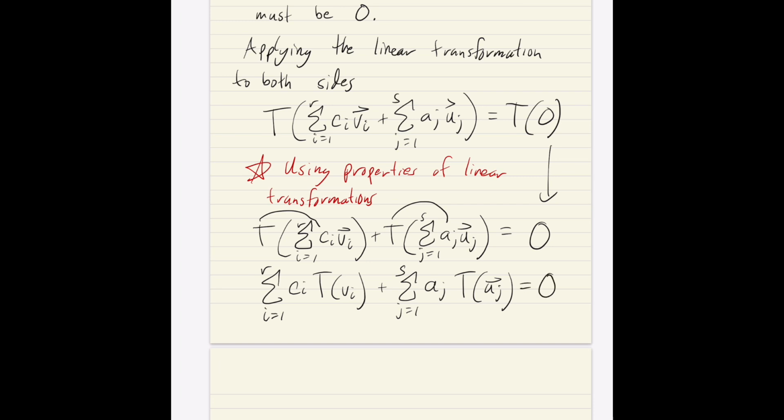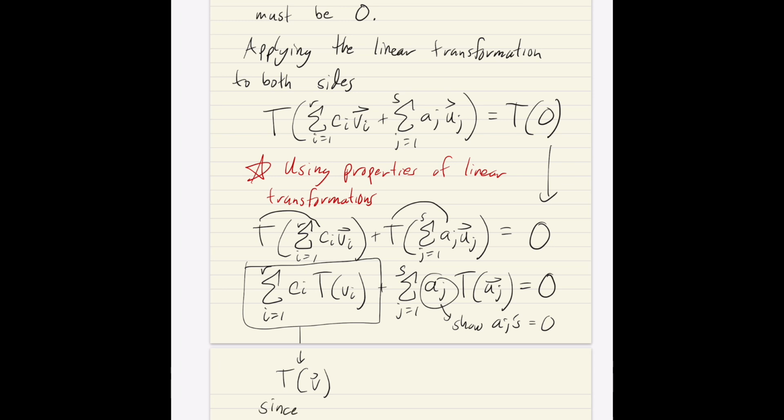And if you remember what we did earlier, this thing on the left-hand side is really just the same thing as T of v. That's something we defined way earlier in this problem. You can rewind to find it. So we already know the left-hand side is true, and we have to show that the aj's are all equal to 0.